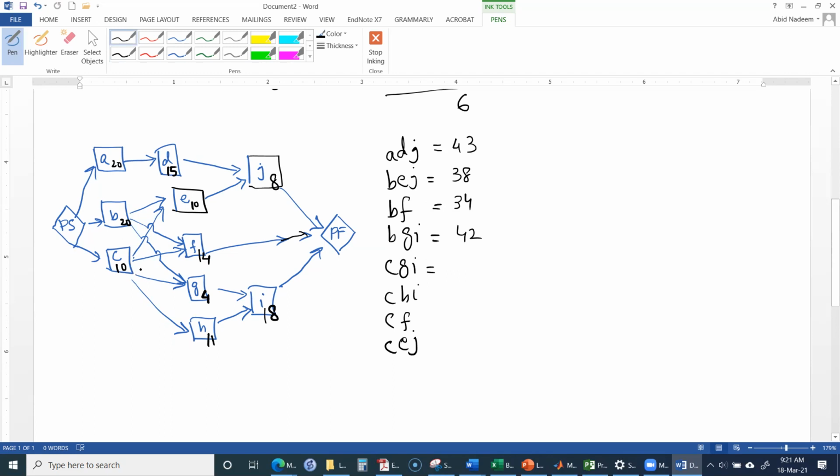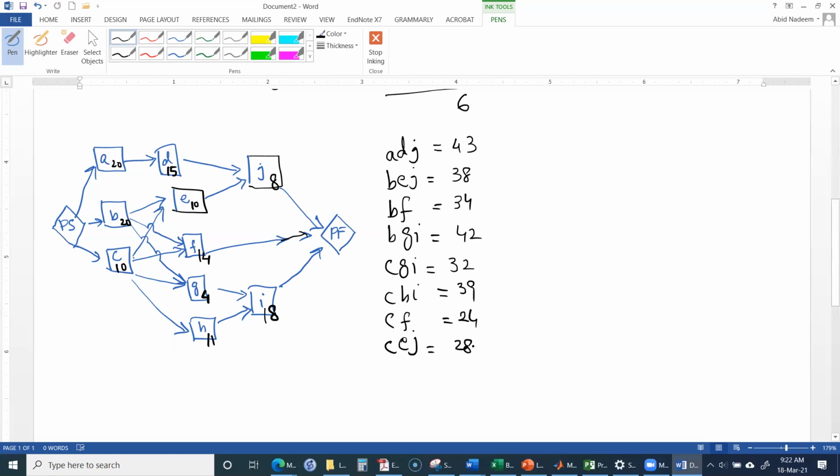CGI will be 32. CHI will be 21 plus 18, 39. And CF will be 24. And CEJ will be 20 plus 28.